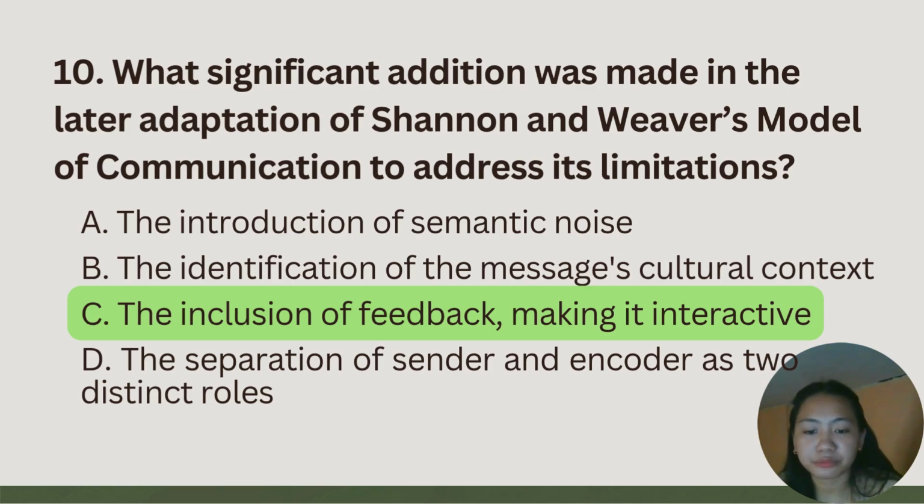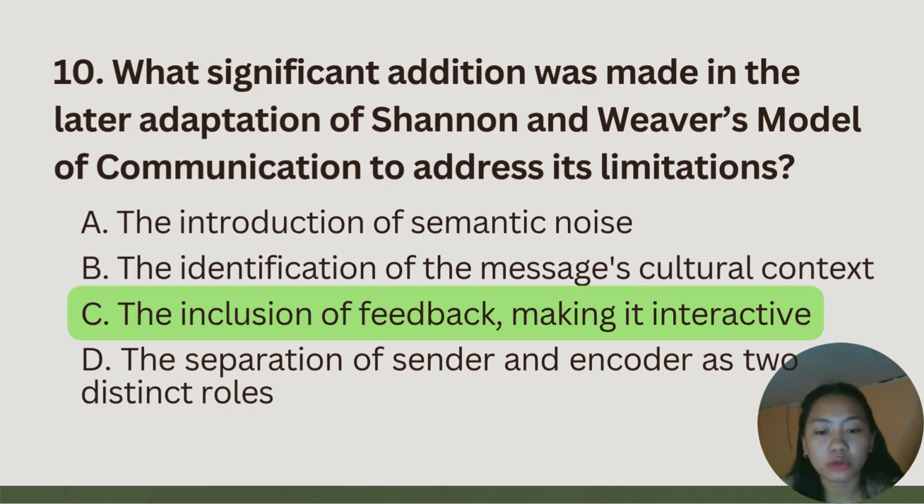Okay, so in Shannon and Weaver's original model in 1949, it was linear. It focuses only on one-way transmission from sender to receiver. Mainly, the original model focuses on technical communication only.